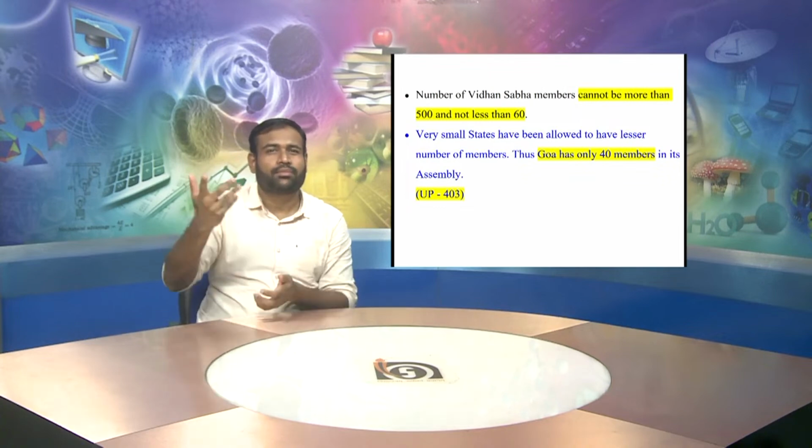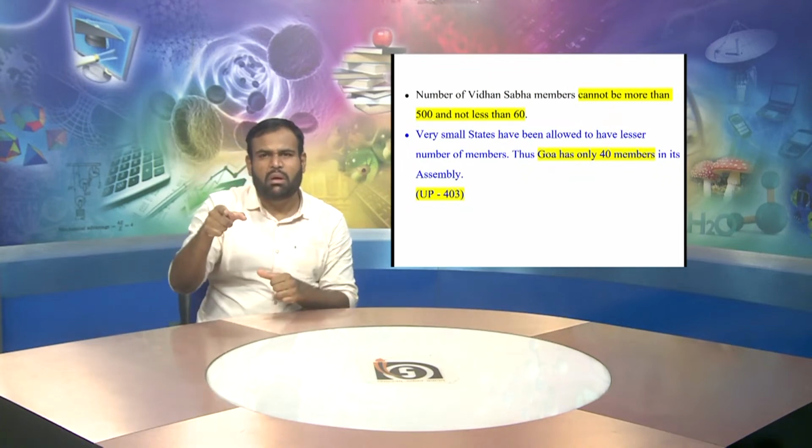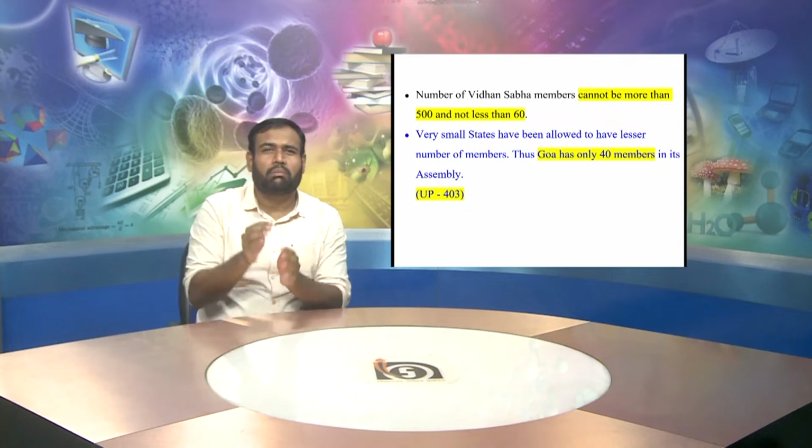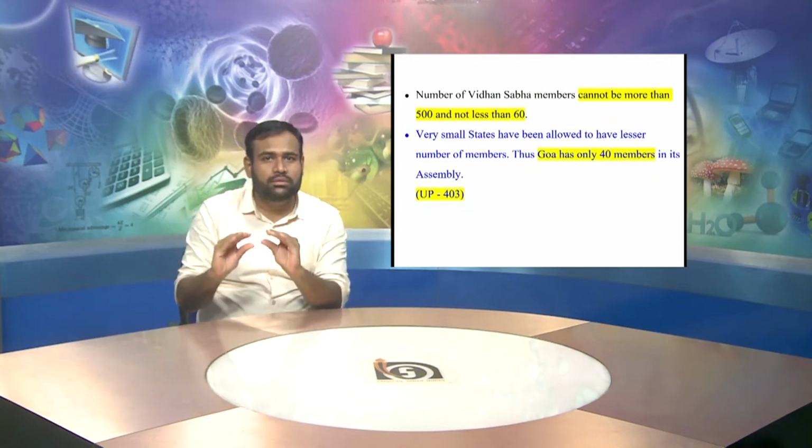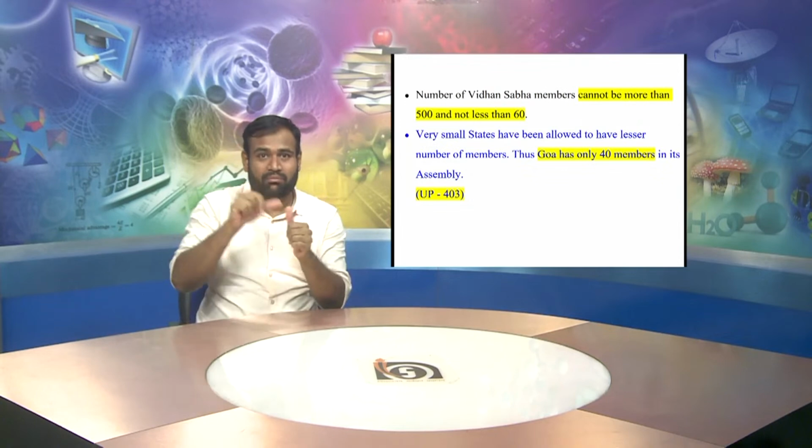Very small states have been allowed to have a lesser number of members. Thus, Goa has only 40 members in its assembly.